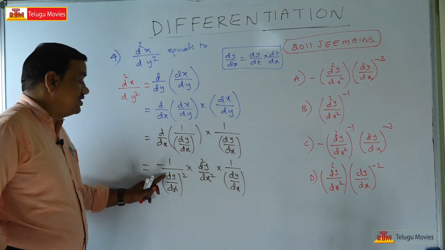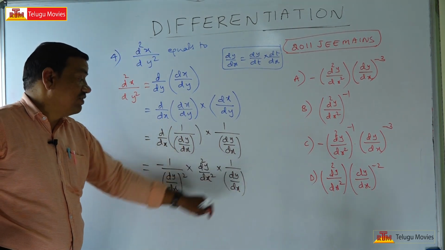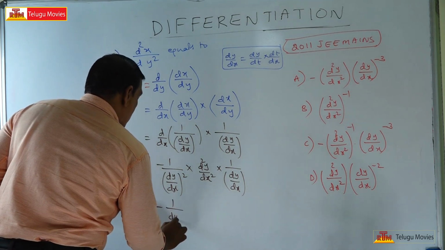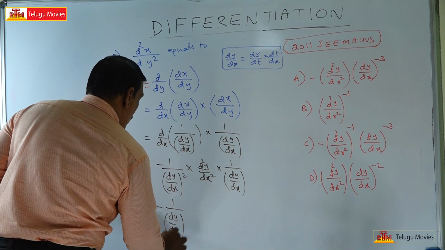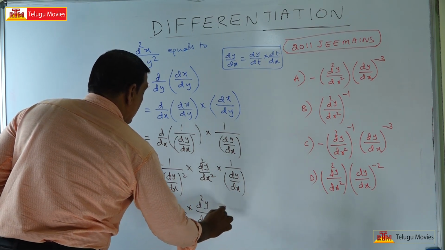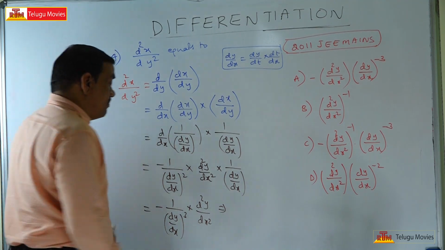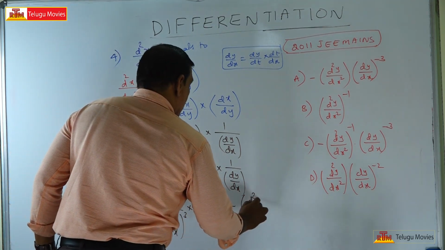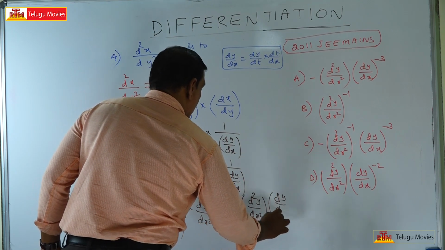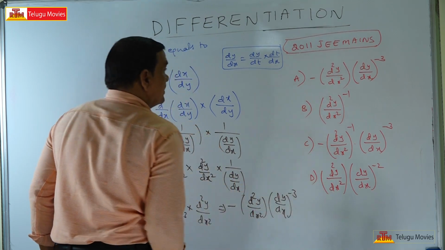So, this is dy by dx whole square, that is equal to minus 1 by dy by dx whole cube into d square y by dx square. This implies minus d square y by dx square into dy by dx whole power minus 3.